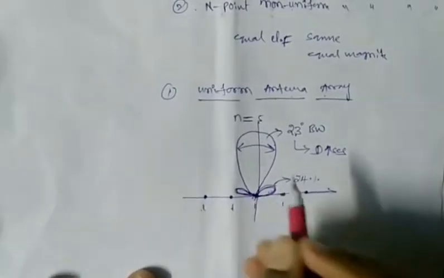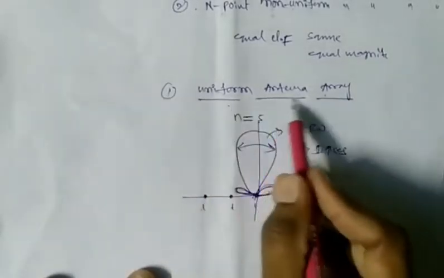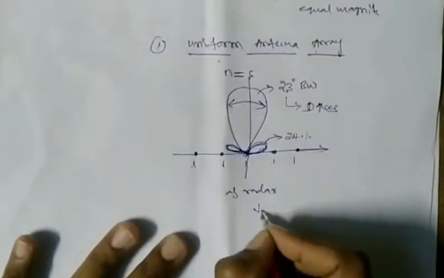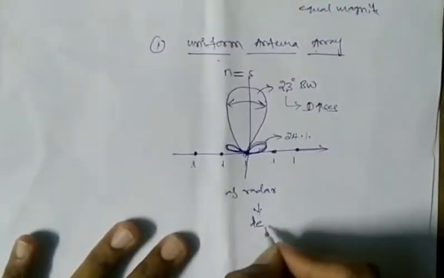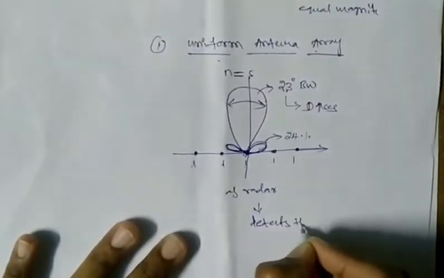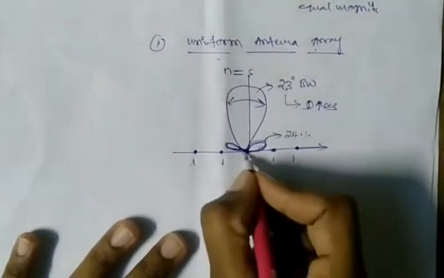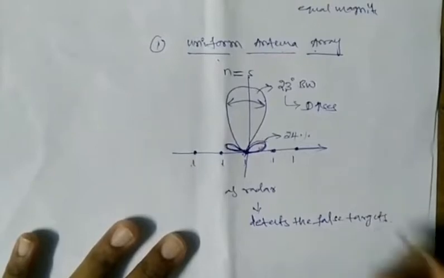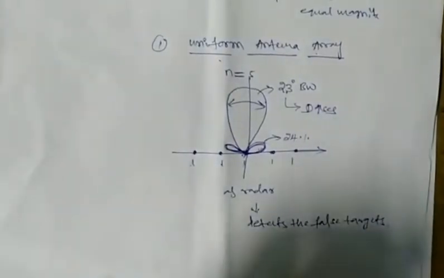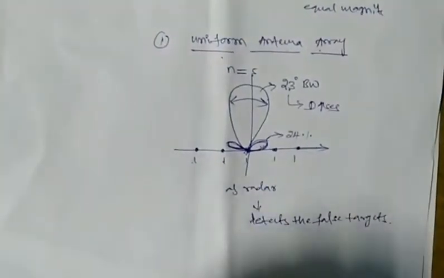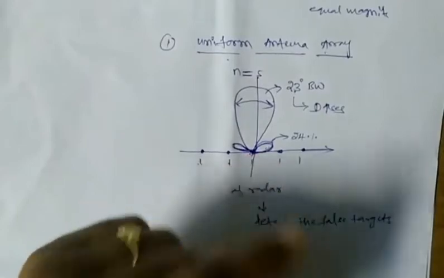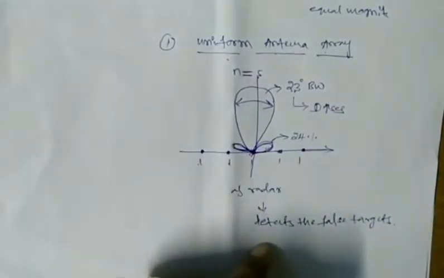Due to this, whenever we use these uniform antenna arrays as a radar, what happens? The radar detects false targets with the minor lobes. So this is the drawback of the uniform antenna array. To overcome this drawback, what do we have to do? We have to minimize or reduce the minor lobes, or completely eliminate them.